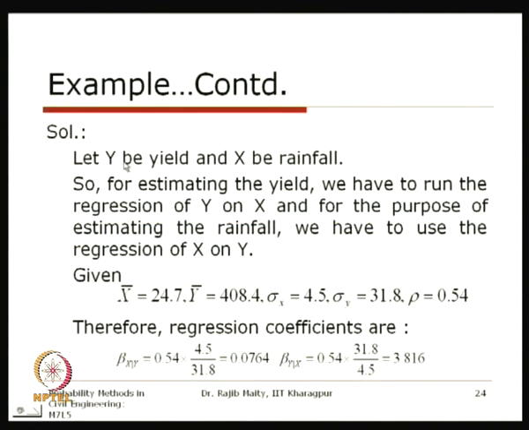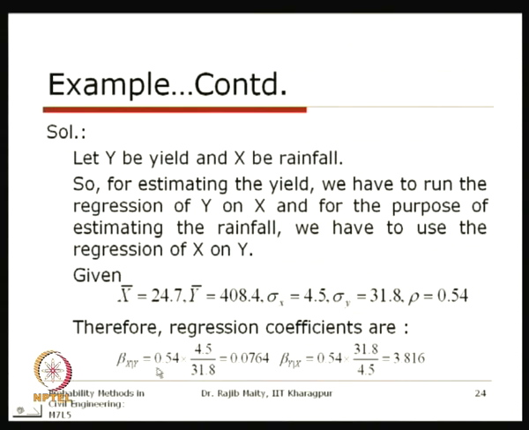Let y be the yield and x be the rainfall. For estimating the yield, we have to run the regression of y on x, and for estimating the rainfall, we have to use the regression of x on y. The information we know is the mean of x, mean of y, standard deviation of x, standard deviation of y, and the correlation coefficient between them.